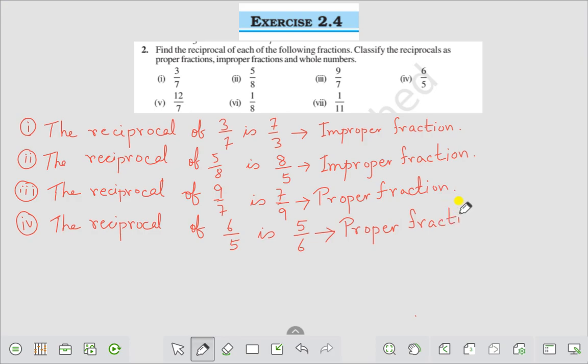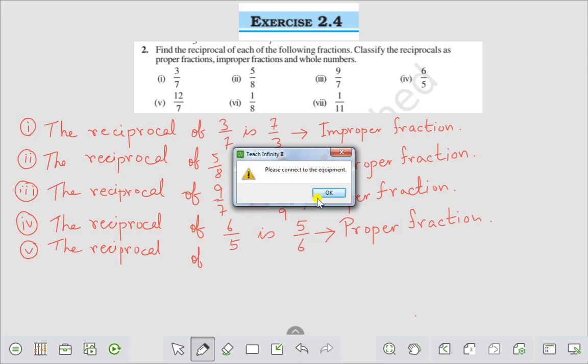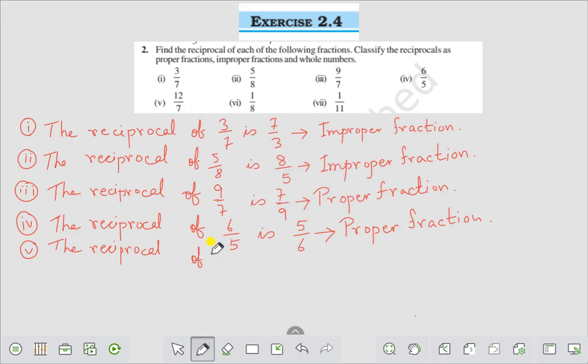Now question number 5 is 12 by 7. Therefore the reciprocal of 12 by 7 is 7 by 12.